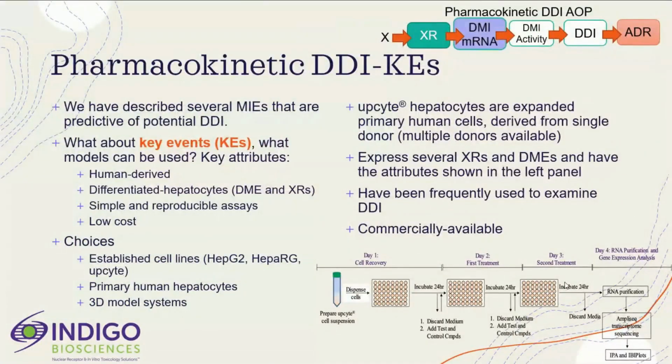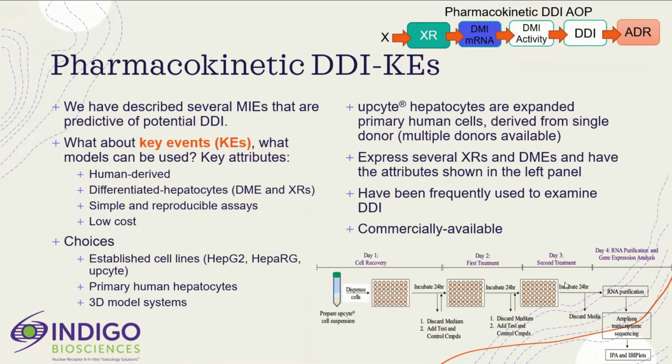Okay, so let's shift into how you can look at key events within this particular adverse outcome pathway. So, again, this is something that is commonly done, and we want to look at these key events that are involved in drug-drug interactions.